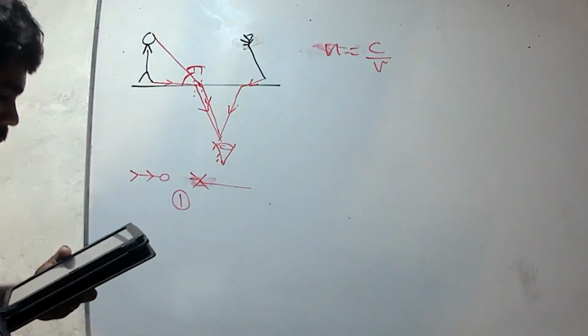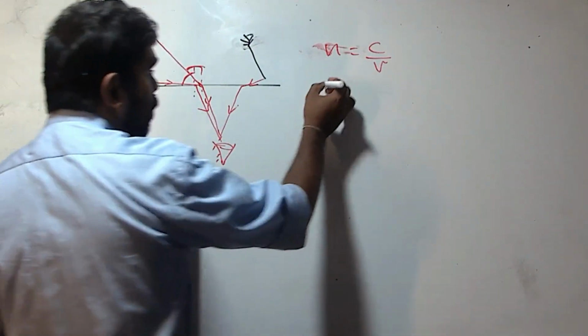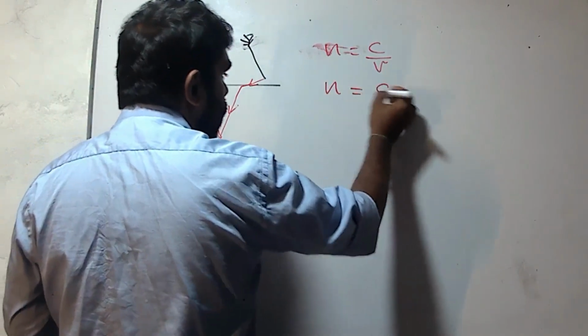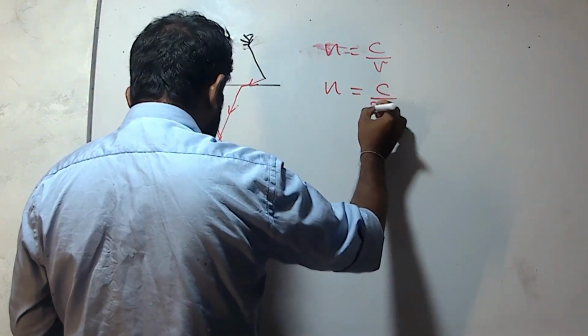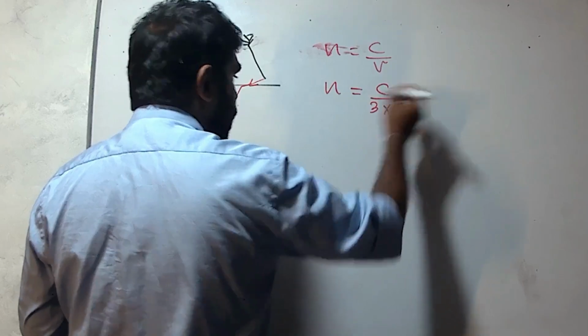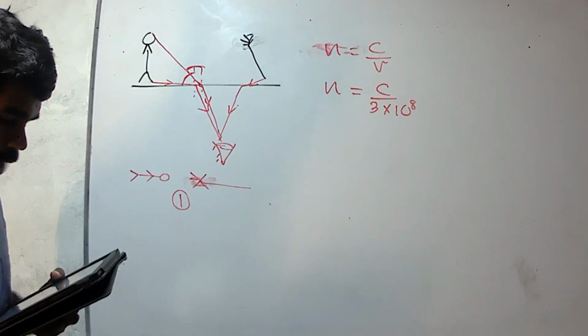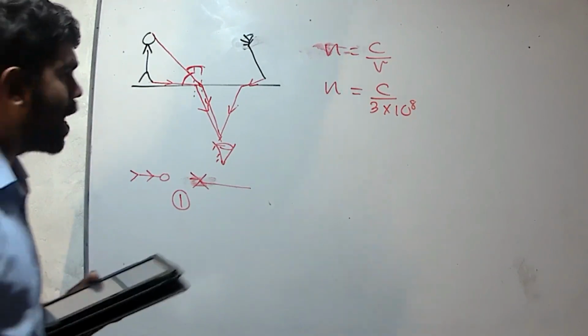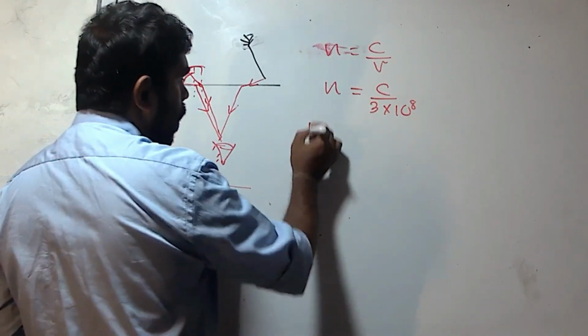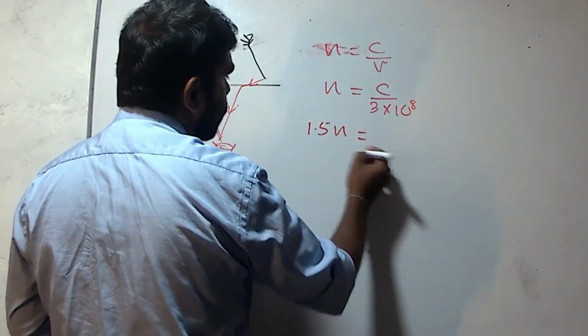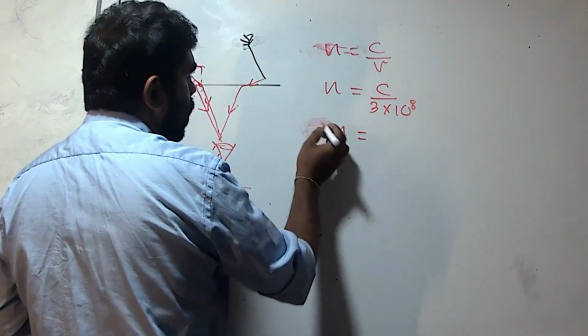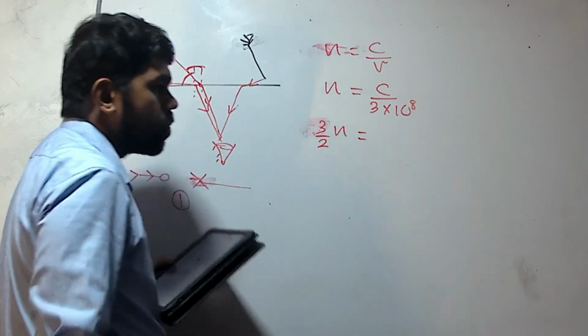For the first medium, I will consider the refractive index as n, c over velocity, where velocity is given as 3 into 10 to the power 8. For the second medium, they have given the refractive index as 1.5 times that of the first medium. It means 1.5 n. I will use it as c over 1.5 n.